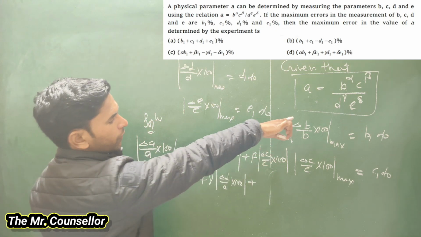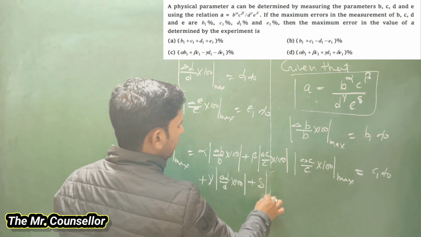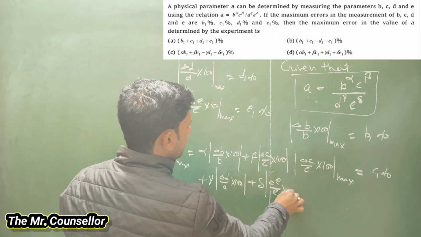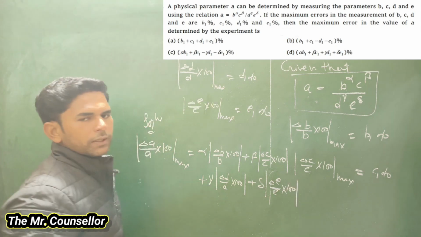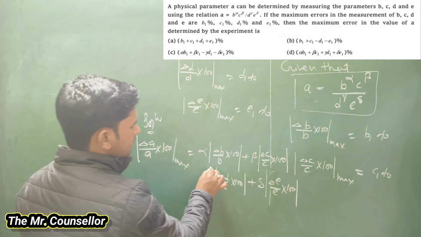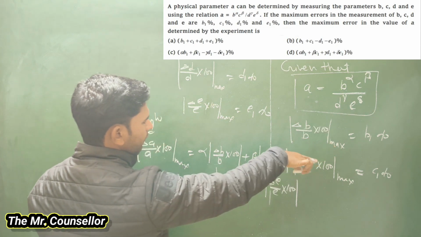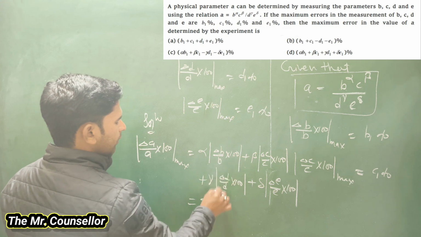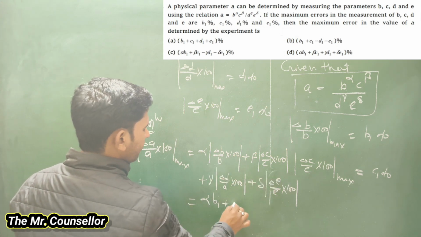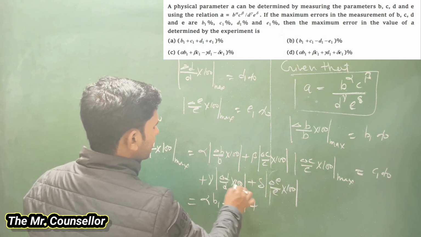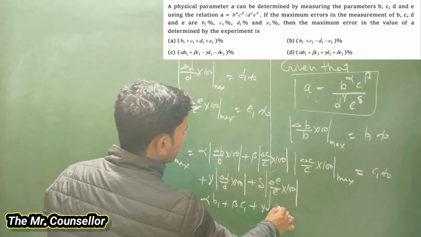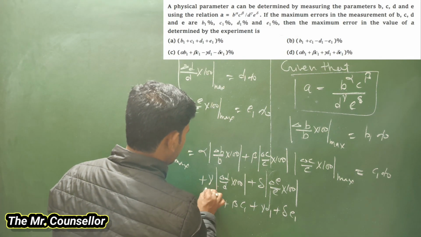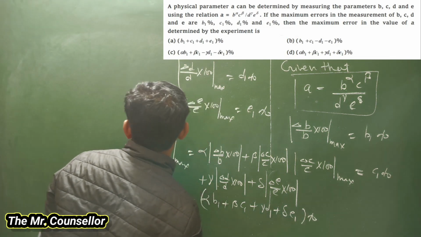Very good. And for e also, del e over e. Is it okay or not? After this, the values are already given: b1, c1, d1, e1. So you can place them: alpha b1 plus beta c1 plus gamma d1 plus delta e1 percentage.